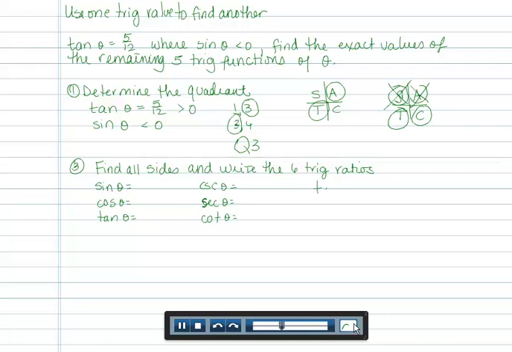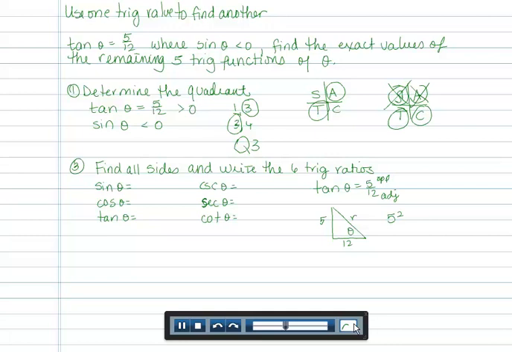You know that the tangent of theta is 5 over 12. Tangent is opposite over adjacent. So you're missing the hypotenuse. This is opposite, this is adjacent, and we're missing this one, the radius.